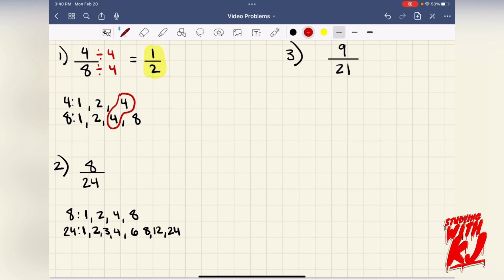So now that we found all the factors of 8 and 24, let's find the greatest common factor between both of those sets of numbers. The greatest common factor of 8 and 24 will be 8. So now we can divide 8 into both 8 and 24 of our fraction.